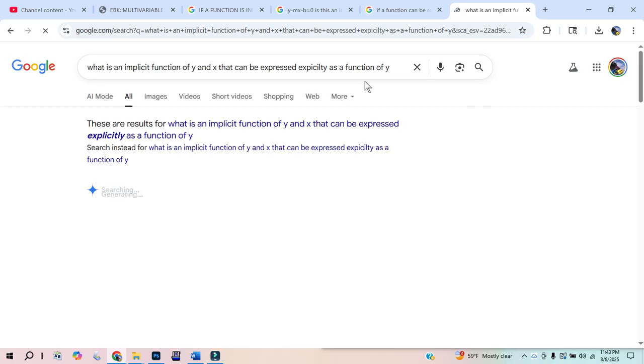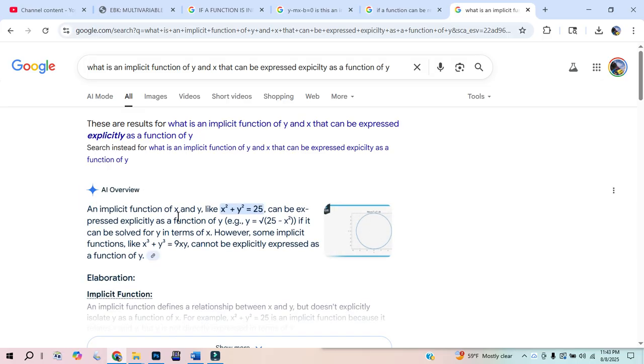All right. An implicit function of x and y like this can be expressed explicitly as a function of y. But just know that y is going to be plus or minus the square root of 25. However, some implicit functions like this one, if you have a y cubed, and then on this side you also have an x and y, or even in various things like polynomials, it cannot be expressed as well.